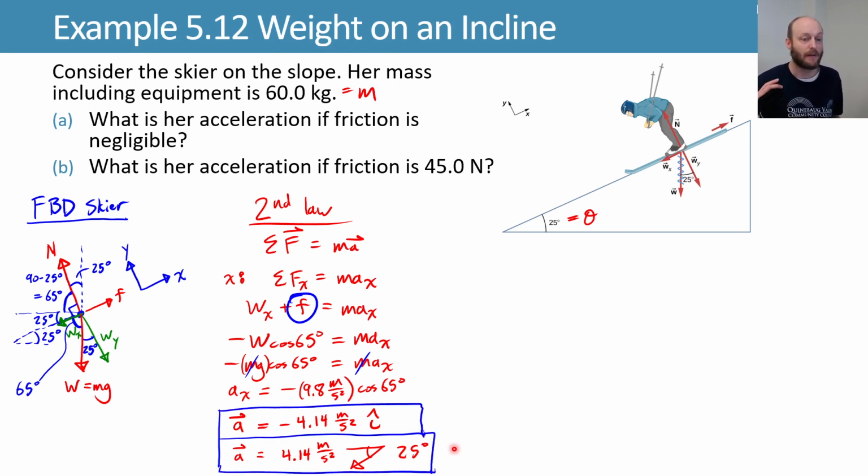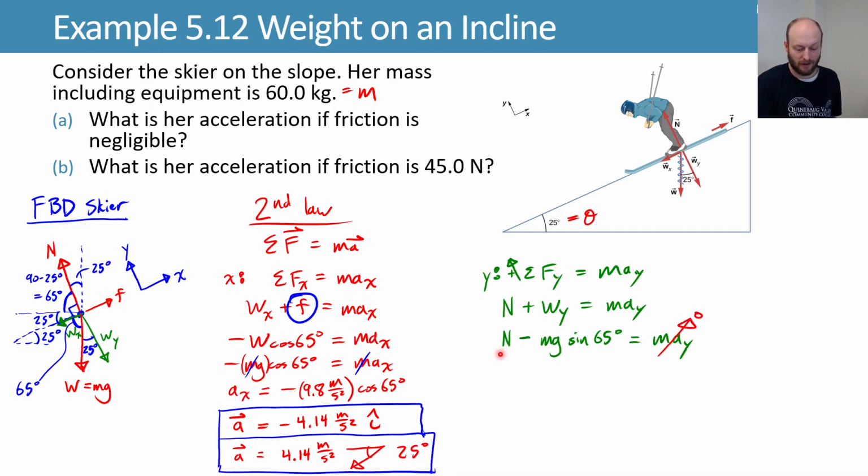If I wanted to consider the y components, though, we could, and we'll call up my y direction positive there. We can plug those in and say, this is my normal force plus whatever the y component of my weight is. The y component of my weight should be a negative, and it's going to be that mass times gravity times either cosine of 25 degrees or sine of 65 degrees.